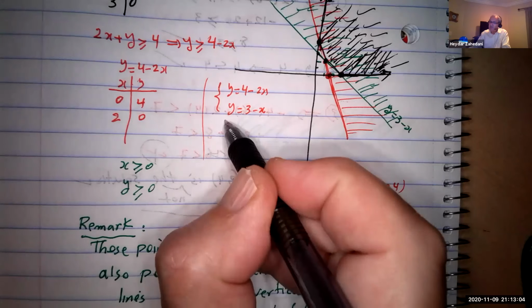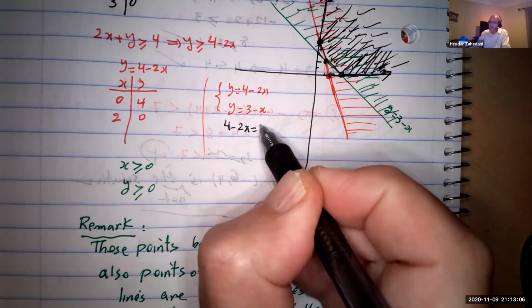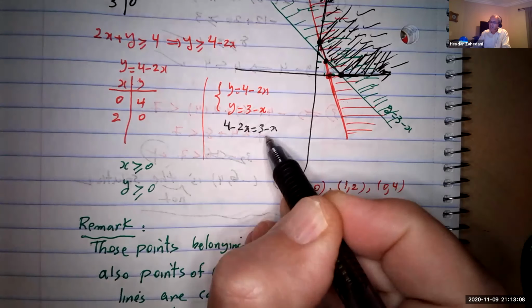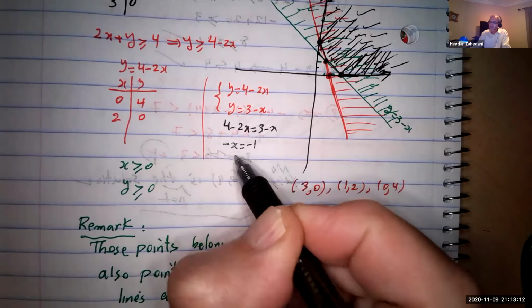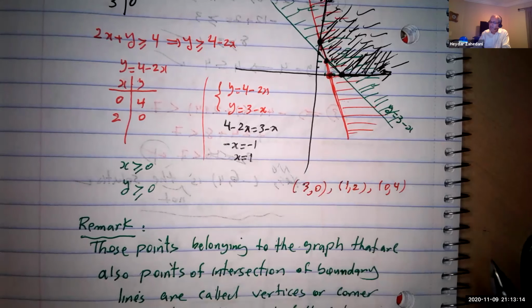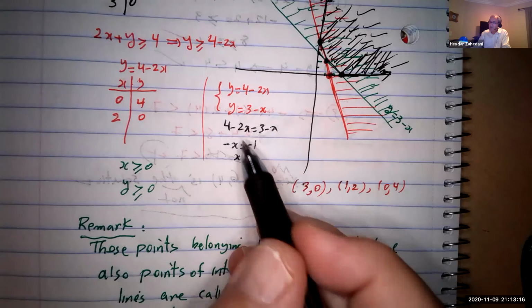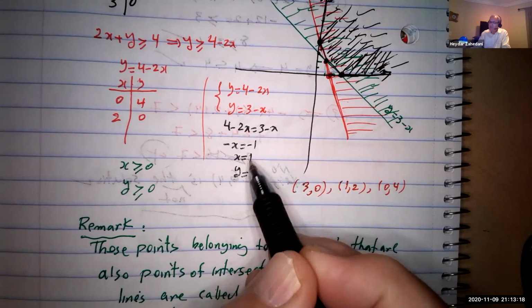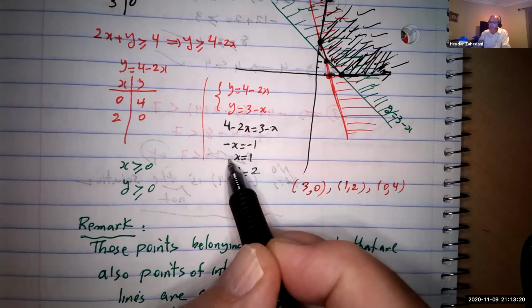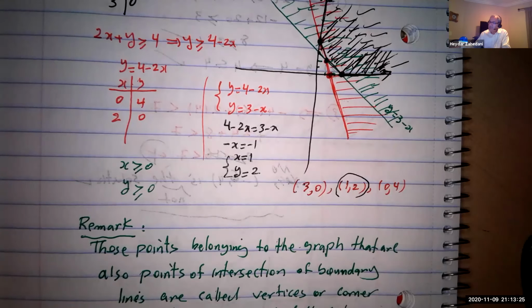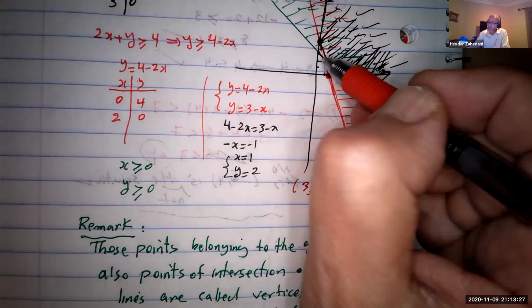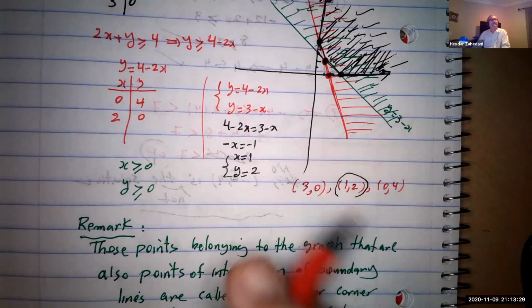So this is going to be 4 minus 2x equal to 3 minus x, and that gives you negative x equal to negative 1. So your x would be 1. You substitute, and your y would be 2. So this is the intersection point that exactly you get over here.